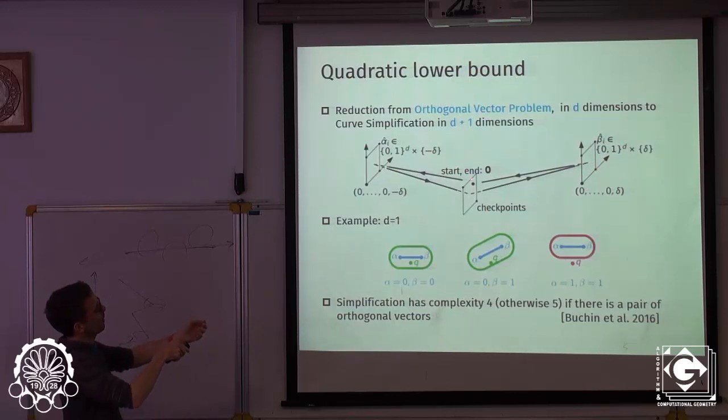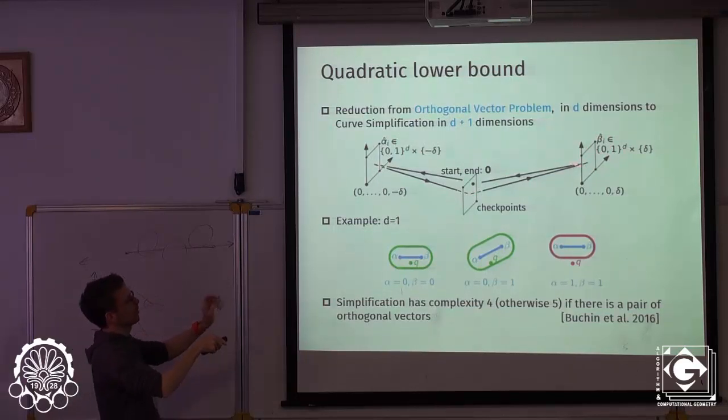And then my input trajectory starts somewhere, it goes to all of these points, it goes to some checkpoints here, and then to all of those points, and then back to where it started.